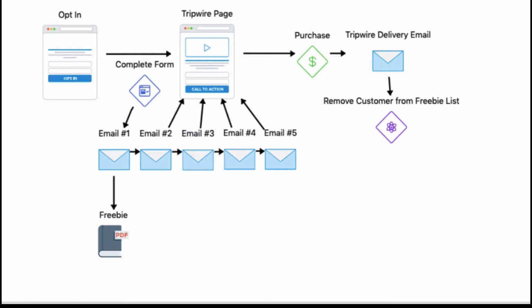So people who buy will no longer be in the list where they receive these nurturing emails and get sent back to the tripwire because they bought, right? So we can do that inside our email marketing platforms. And I'm going to show you how to do that as well. So this is how the funnel looks in a visual version.